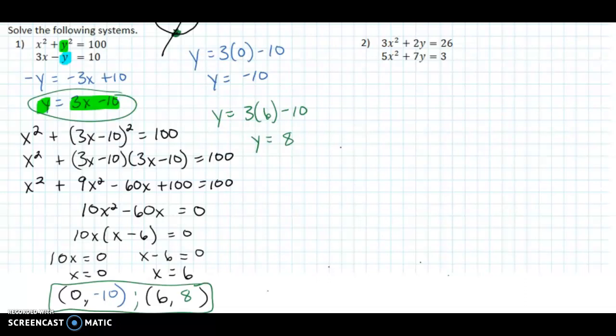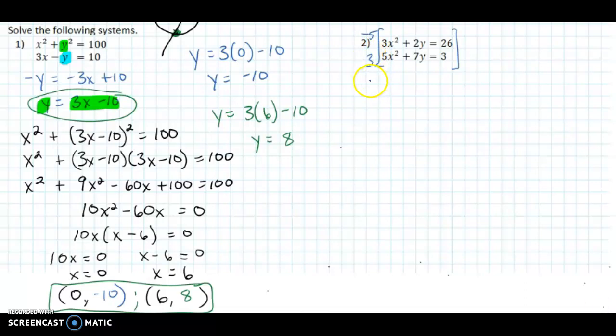Number 2 is set up where we could use elimination, and that's what we'll do here, because if I add these together, I can add these x squared terms, I can add the y terms, and I can get something to cancel. Let's go ahead and get rid of the x squareds. That makes for a neater equation down the road. So I'm going to multiply this by -5 up top and then just 3 on bottom.